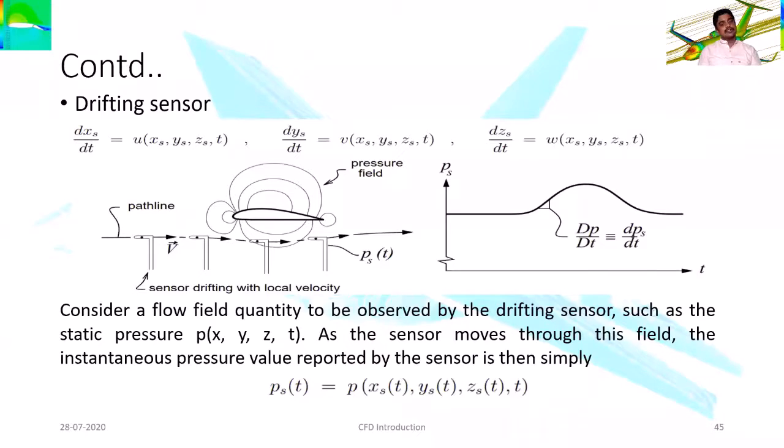So here again, with respect to the XYZ location, my pressure probe is varying. Remember this point: from the previous point to this point, my pressure probe is moving with respect to time and with respect to the space variable XYZ. I am moving my probe only, so we will call it a drifting sensor.